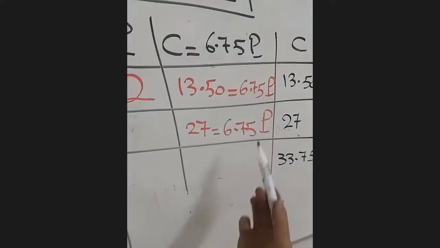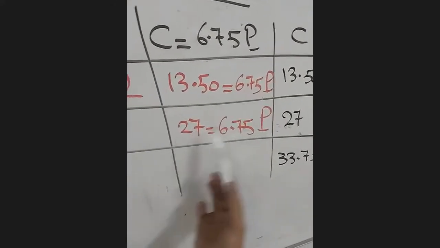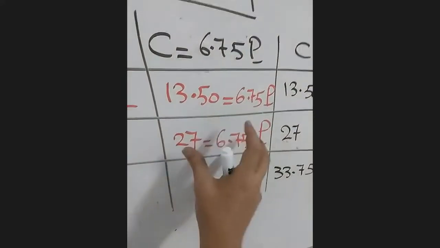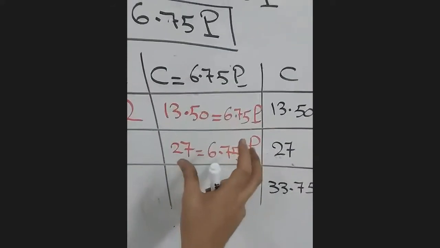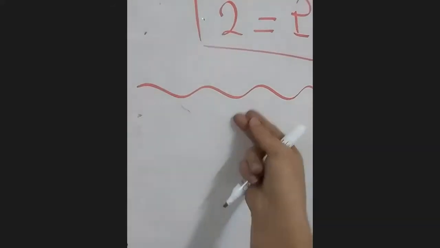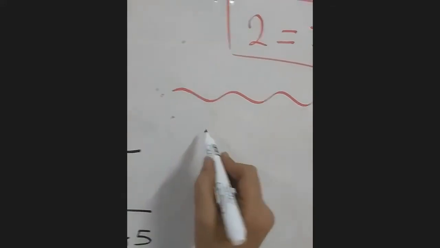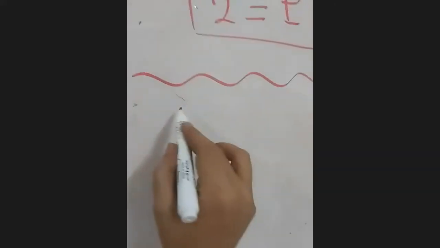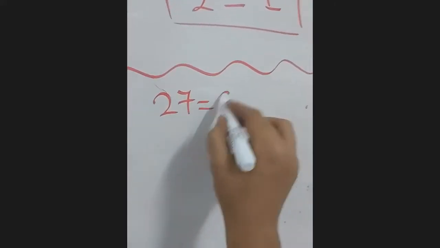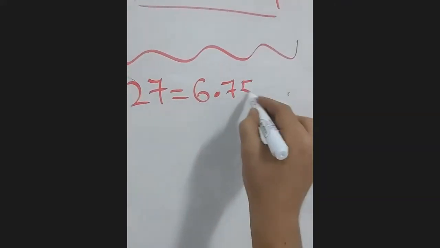Now here what we have? An equation, right? I will take it outside and solve it. 27 equals 6.75p.